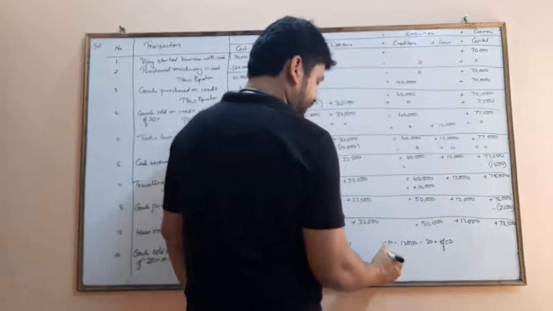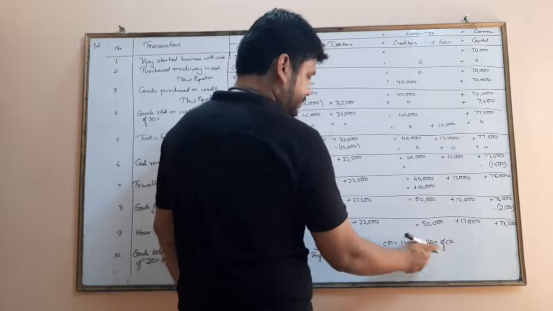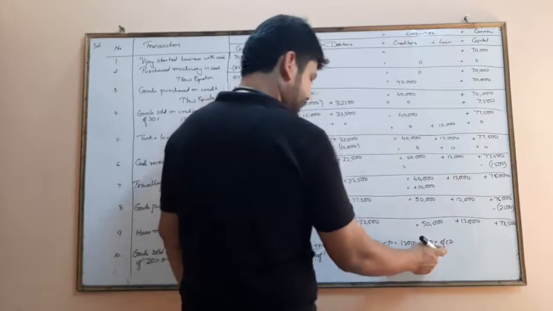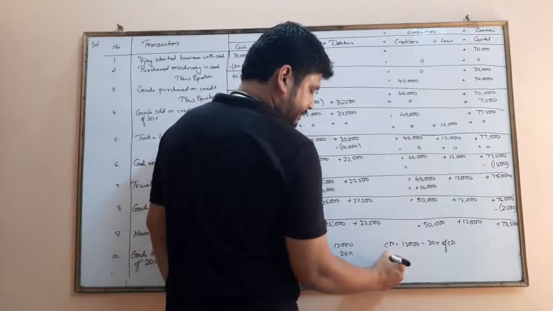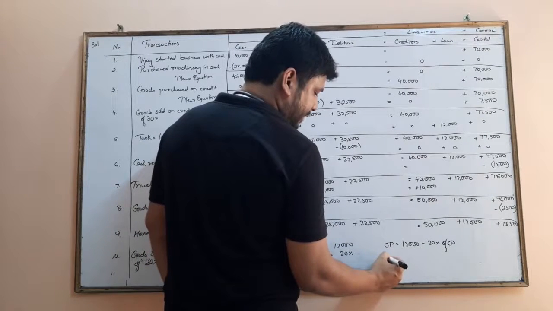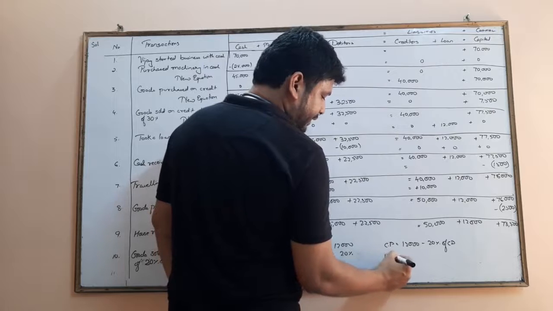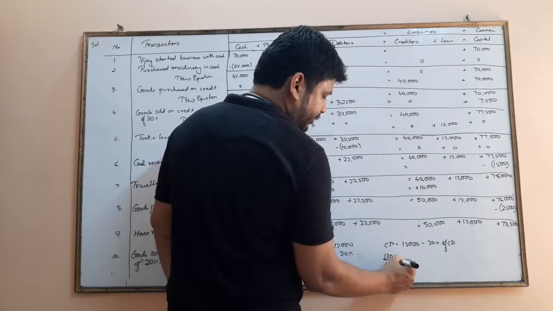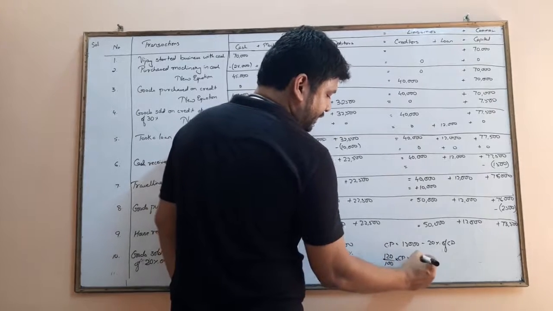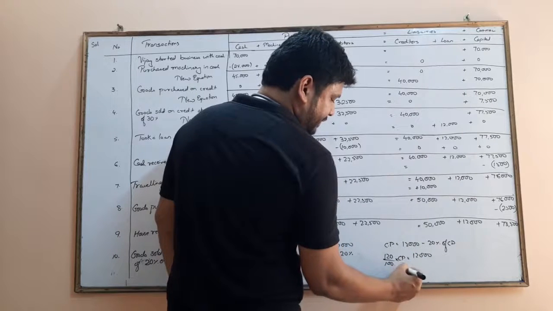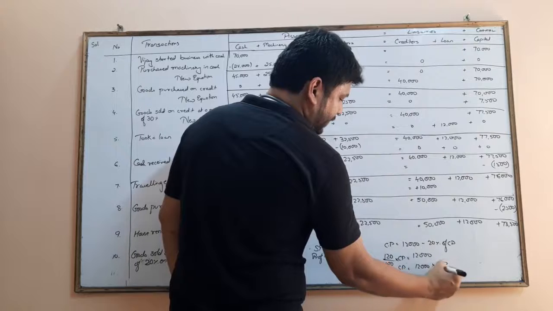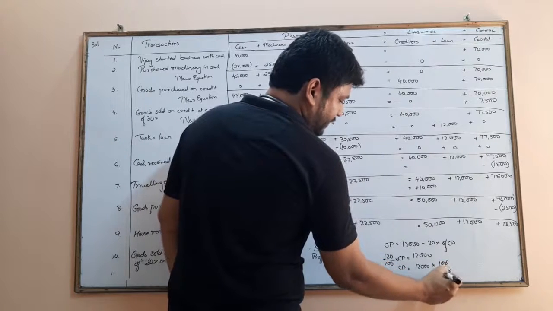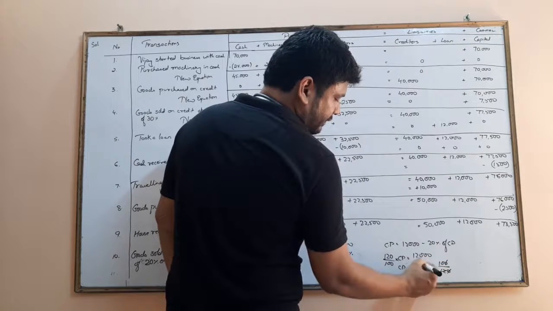So it will be around 120 by 100 into cost price is equals to 12,000. So cost price is equals to 12,000 into 100 by 120. 0 कट गया, 12 1,000.